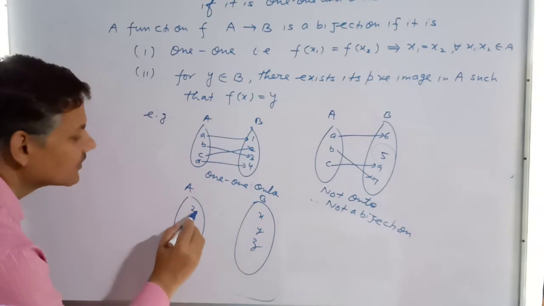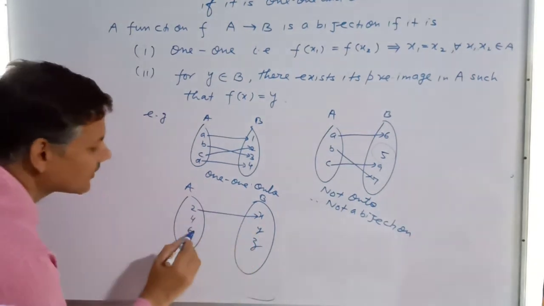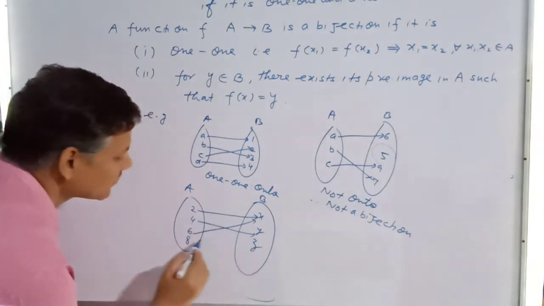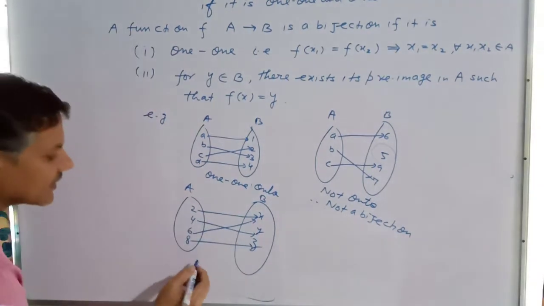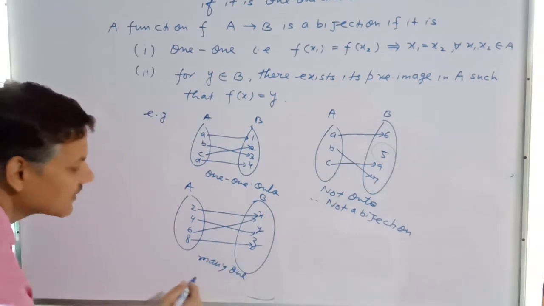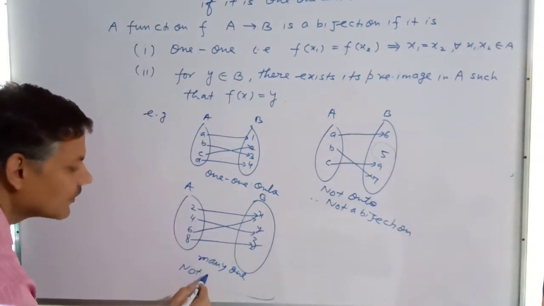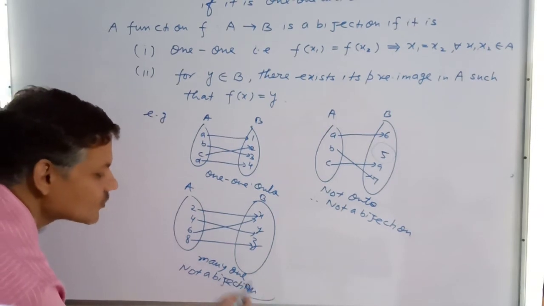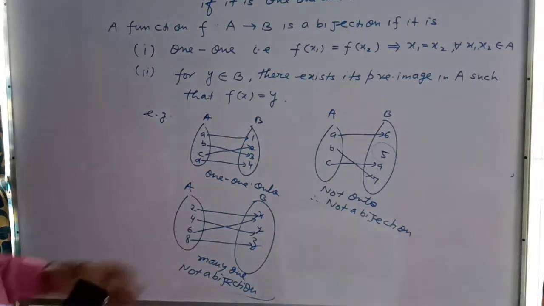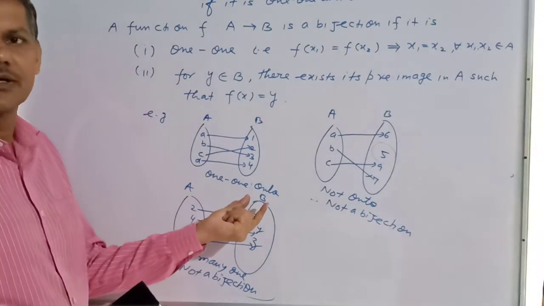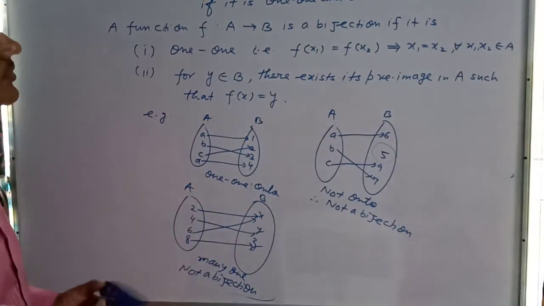The image of 2 is x, the image of 6 is also x, it is y, it is z, then it is many-one. That's why not a bijection. Since to be a bijection, it must be one-one and onto. If any one is missing, it is not called a bijection.